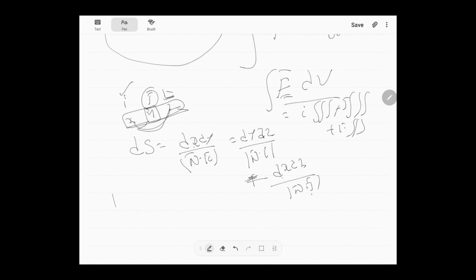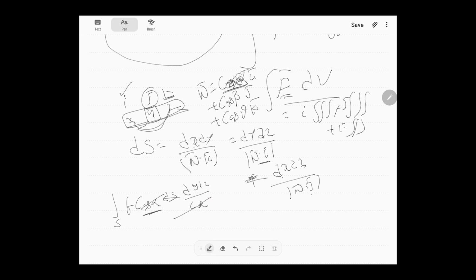So ds can be written in any of the three ways. There I have the integral over s of f cos alpha ds. I will write ds as dy dz by n bar dot i bar, because cos alpha is the coefficient of i bar in n bar, which is cos alpha i bar plus cos beta j bar plus cos gamma k bar. What is n bar dot i bar?